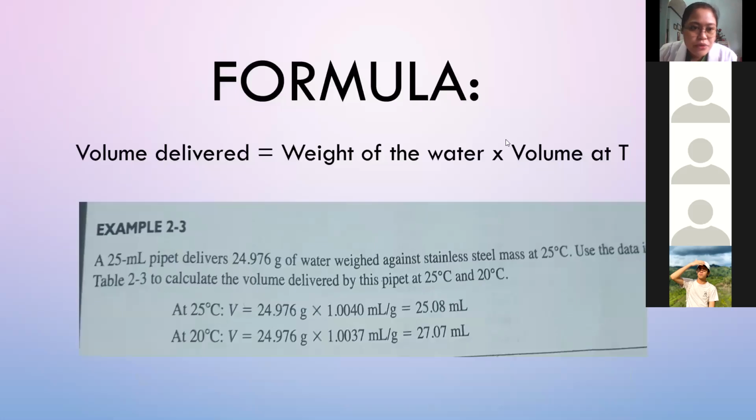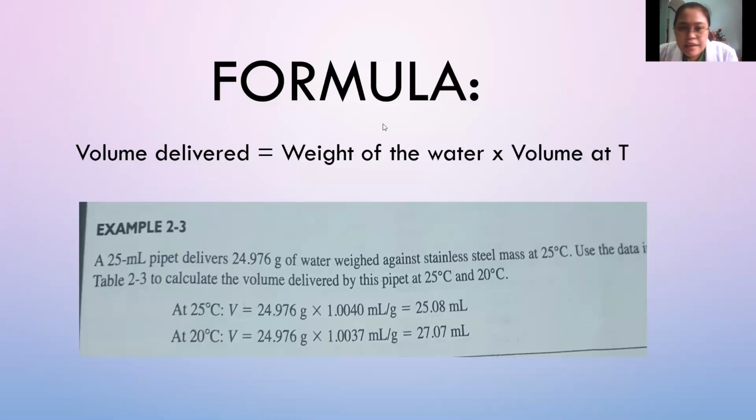So tagaan ta mo og example. Okay? So ato ning formula: volume delivered is equal to weight of the water times volume at temperature. So example sa pag-calibrate. Naa kay 25 ml na pipette and nag-deliver siya og 24.976 grams.